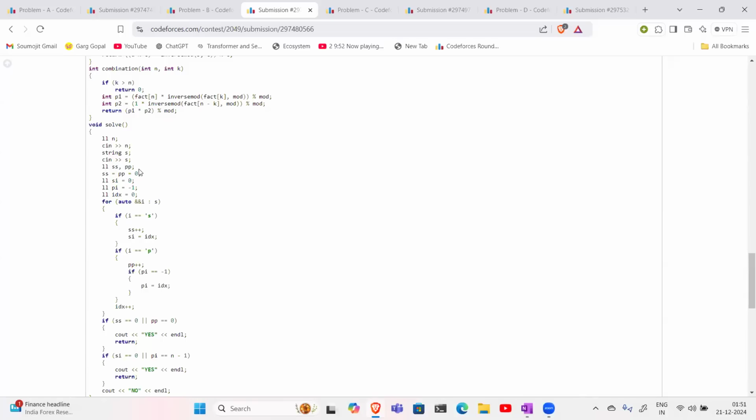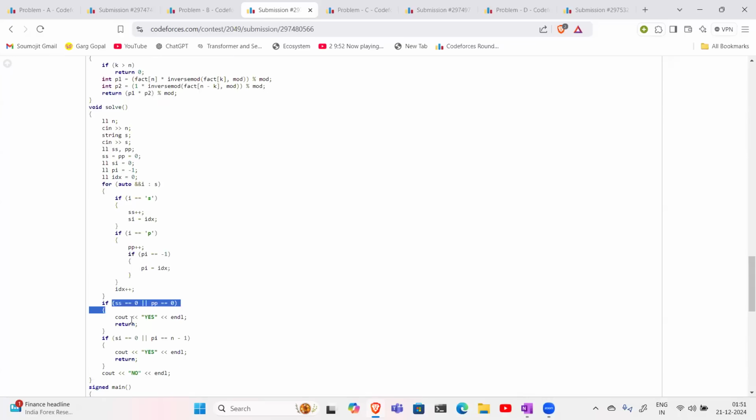Whenever I encounter an s character in the string, I increase the value of ss, and whenever I encounter a p character, I increase the value of pp. And then if either of ss or pp is 0, that hits the pure string case, and in that case we can print yes.